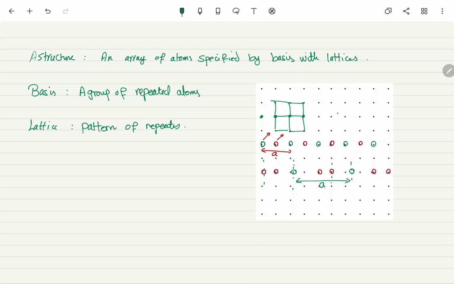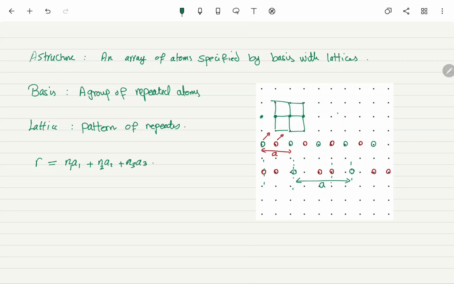Now in 2-dimension or 3-dimension, the situation is quite different. The primitive cell is defined by primitive translational vectors A1, A2, and A3. So R in this case is equal to N1 A1 plus N2 A2 plus N3 A3.